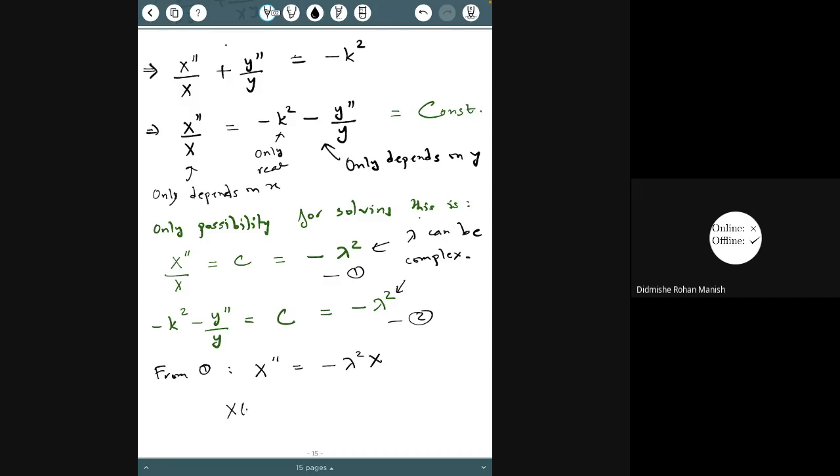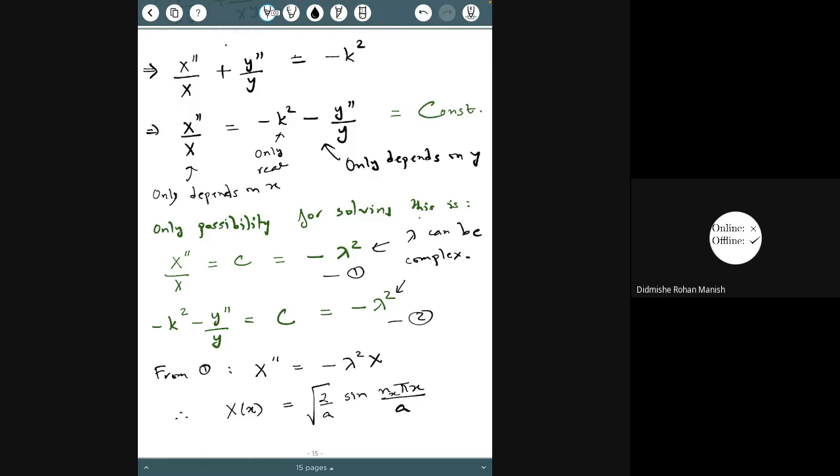So I immediately know the solution of x, which is root of 2 by a, where a is my boundary in the x direction, sine n pi x by a. Now since we have a 2D problem, I'll subscript the n with x, indicating that n x is the quantum number for the x direction.